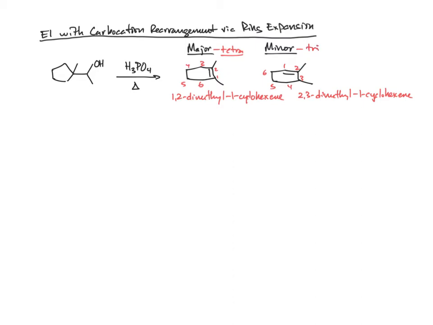So the pattern here is when we're doing these eliminations, we want to form the products according to alkene stability. And we'll talk about why they follow this pattern in the next slide based on heat of hydrogenation.